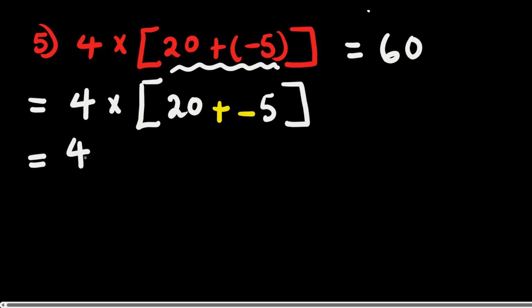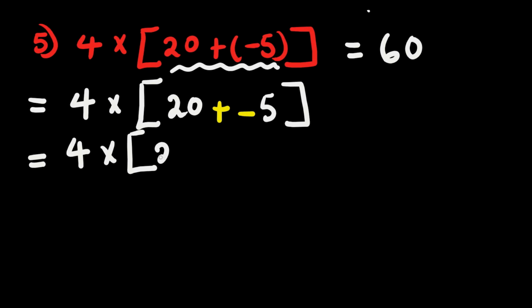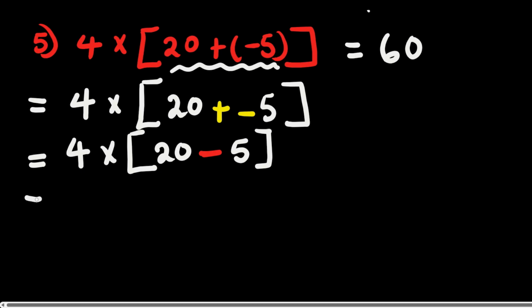And our next step should be 4 times, this comes as it is, then 20 still comes as it is, then positive times a negative, we should get a negative, and the 5 still comes down as it is. Then our next step should be 4 times, then 20 minus 5, this is 15. The bigger brackets are not necessary, you can use the normal brackets.